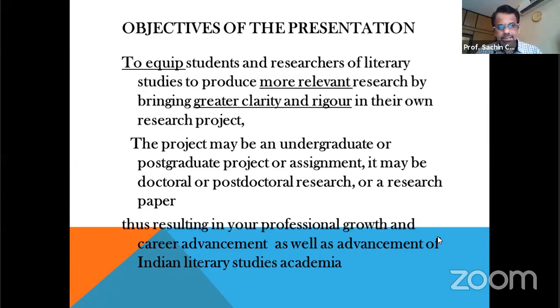The objective of this presentation is to help you come up with greater clarity and rigor in your own method, so that it will produce better research, which will help your own professional growth and career advancement.